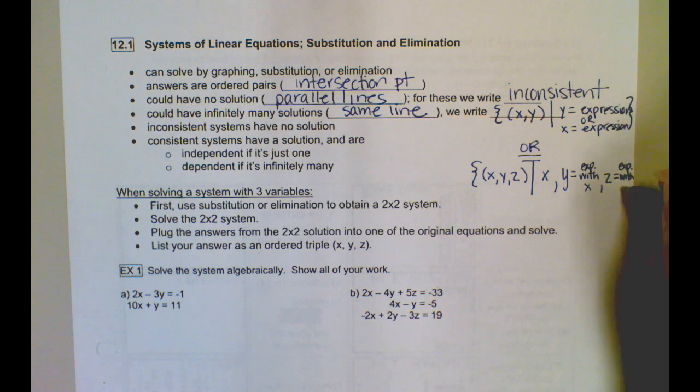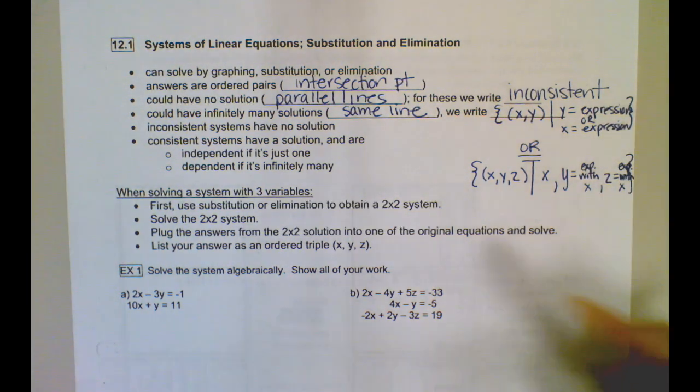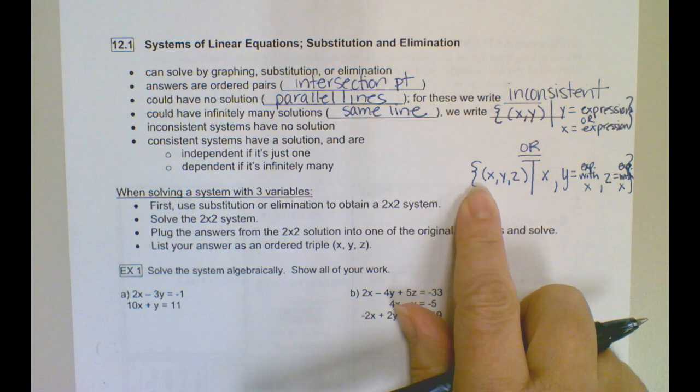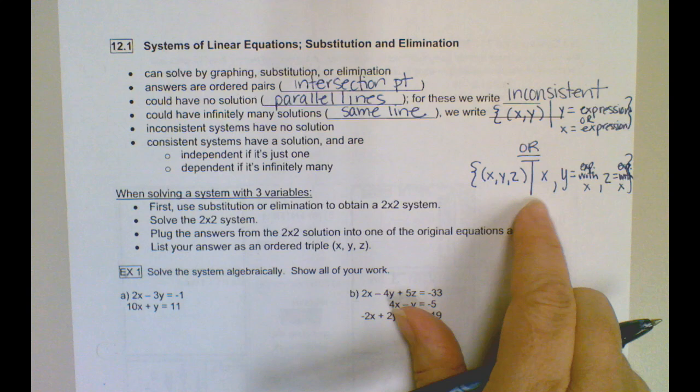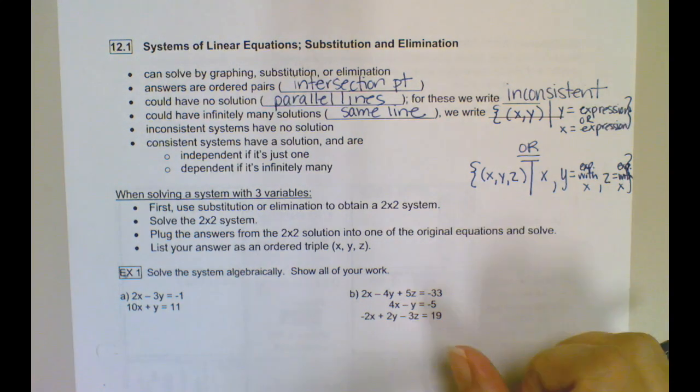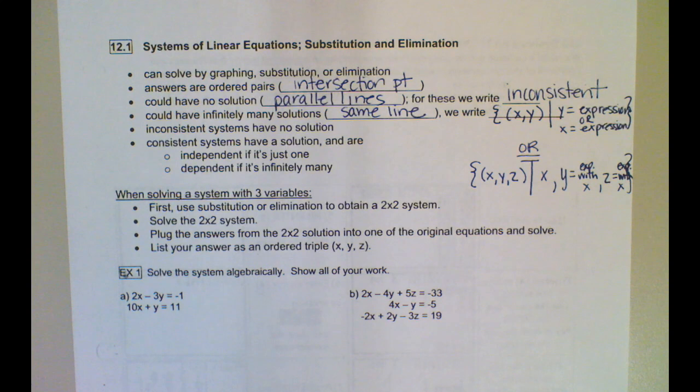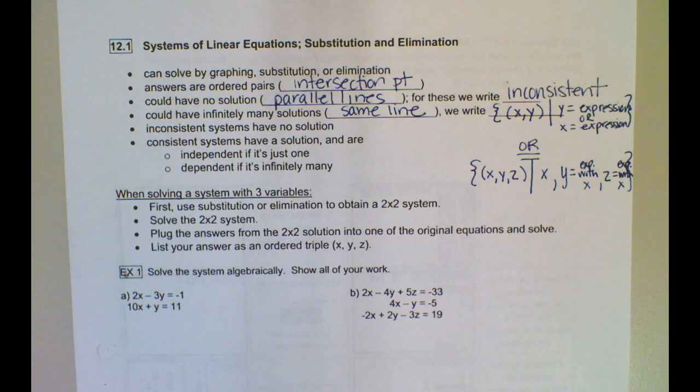So that might be x, y, z such that x comma y equals 3x plus 2, z equals 6x minus 5, for instance. And again, I'll show you when we get to one of those in the examples.